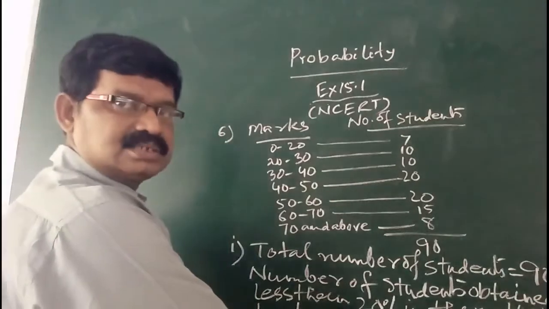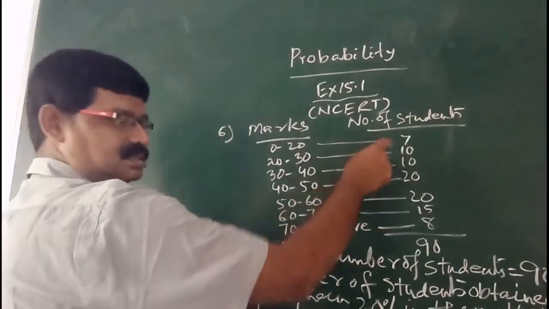So less than 20%. How many? That is 7. Sorry, 7.